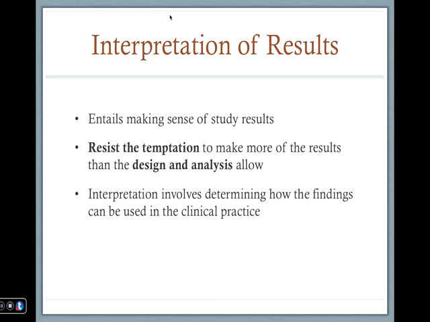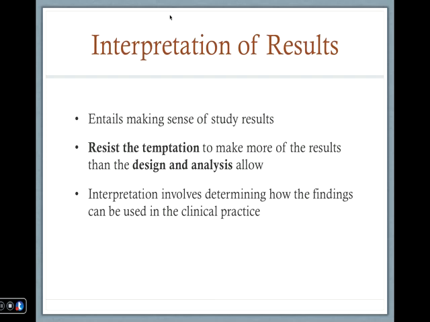This entails making sense of the study results, the interpretation of results. Resist the temptation to make more of the results than the design and the analysis allow. If your study looked at adolescent Hispanic females, you cannot infer that those results hold true for white adolescent females or African American adolescent females.